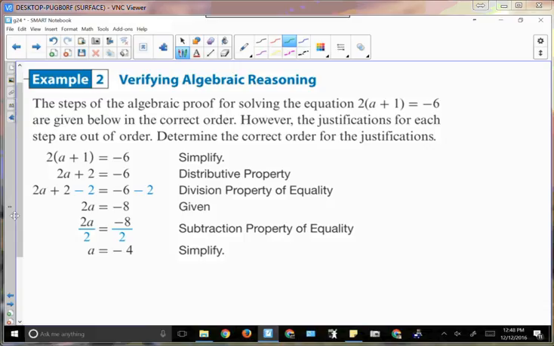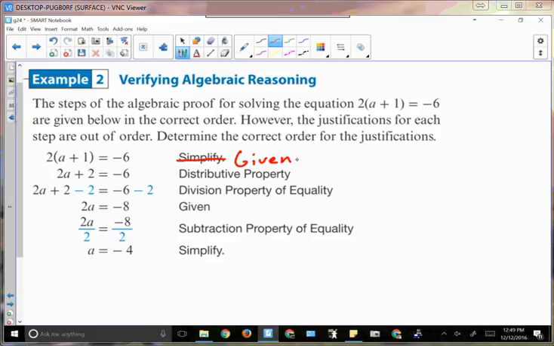Given. If I want you to do something, you have to be given the assignment, correct? You have to be given the information. If I just tell you to go do, you don't know what to do because you haven't been given any instructions. So, that's not simplify, that has to be given.